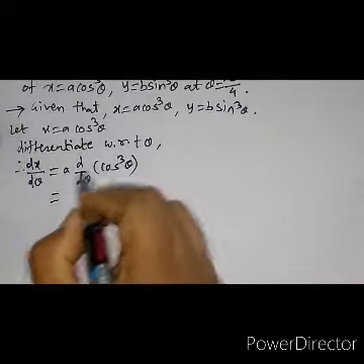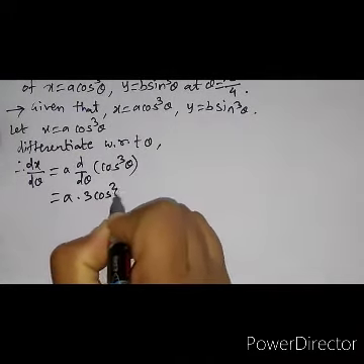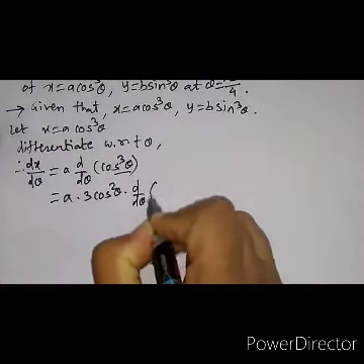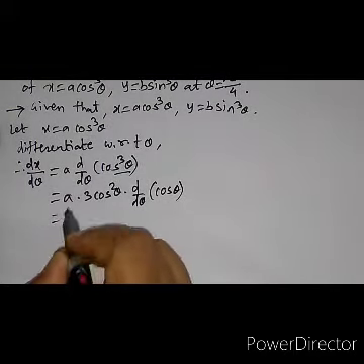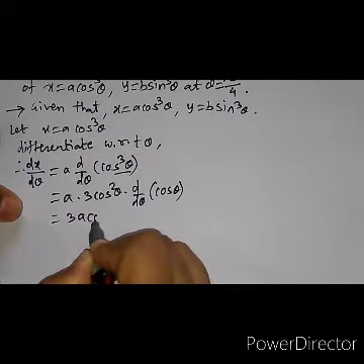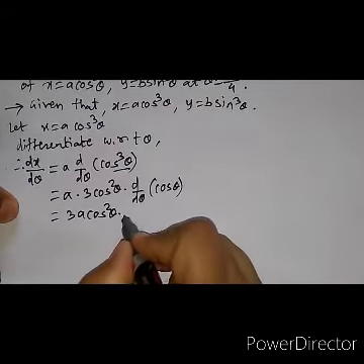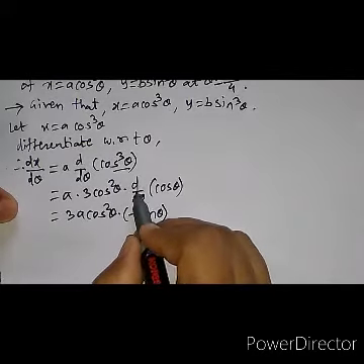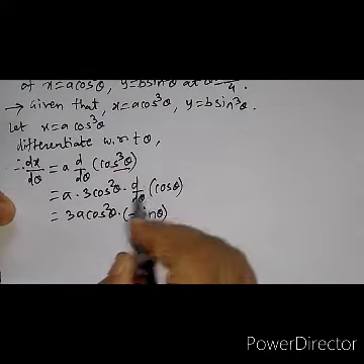Now a into 3 cos square theta. Again we have to take the derivative of cos theta with respect to theta. 3a cos square theta. We know that the derivative of cos theta is minus sin theta, and again derivative of theta with respect to theta is 1.